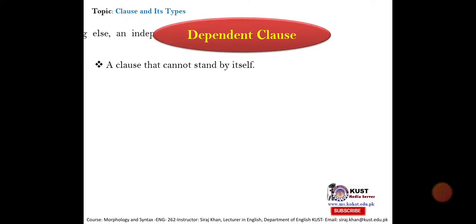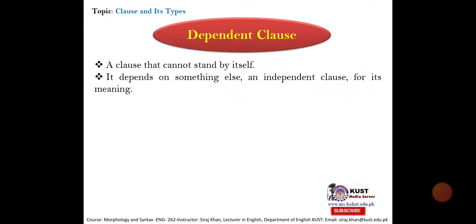Dependent clause: a clause that cannot stand by itself. We call it a subordinate clause or dependent clause. That clause which is alone cannot express a complete meaning. It alone cannot stand as a sentence because it depends on the other clause, the independent clause, to give a complete meaning.